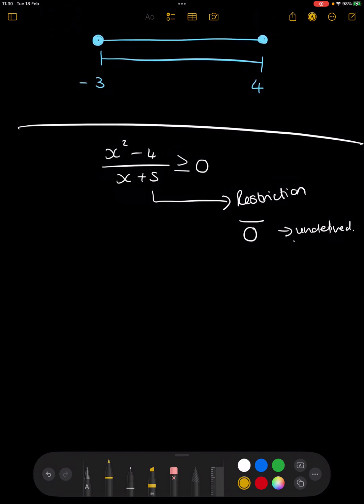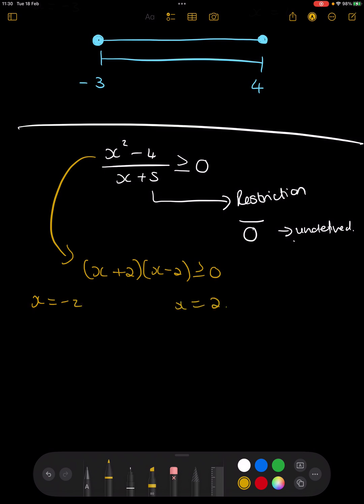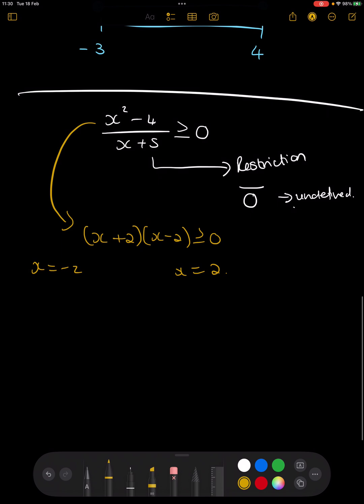So for now, I'm just going to ignore that, and I'm just going to go and factorize that. It's a difference of squares, meaning my critical values are -2 and 2. Right, this is bigger or equal to 0, so we're looking at a positive value.